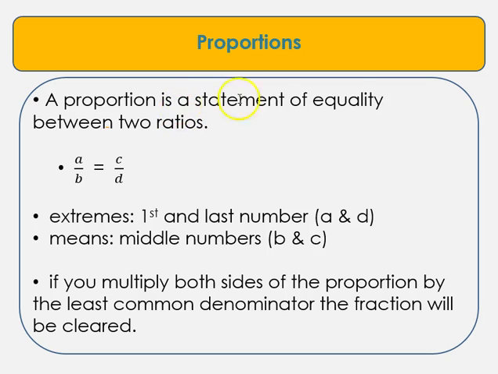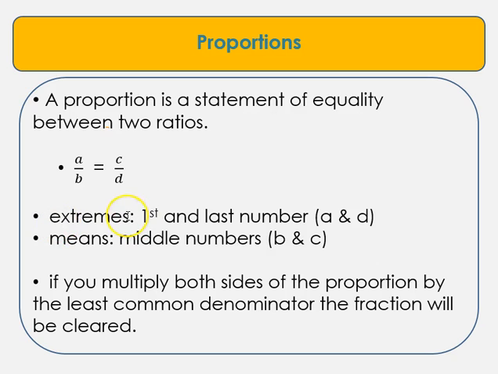Now, a proportion is a statement of equality between two ratios. So here's an example of the algebraic expression of a proportion: A is to B equals C is to D. We call this a proportion, and each piece of this proportion has its own definition.